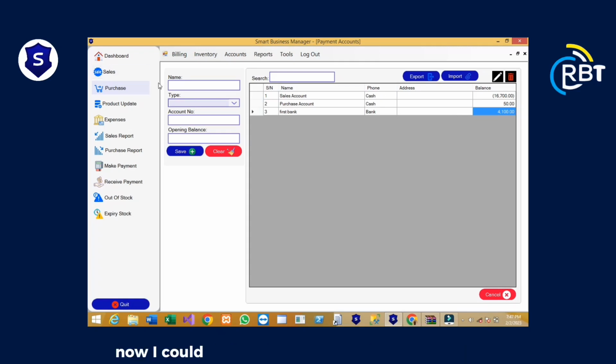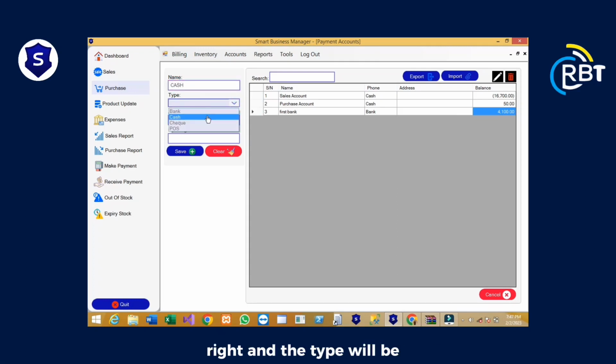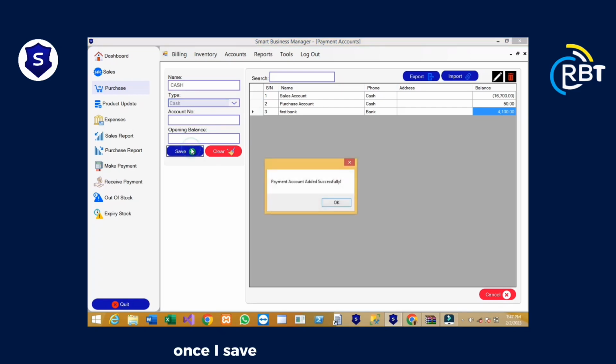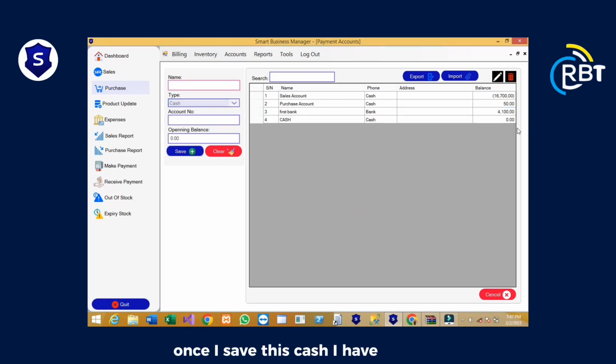Now I could create a cash account and call it cash, right? And the type will be cash. So once I save this cash, I have 0, right? I could create other accounts, which could be my POS.